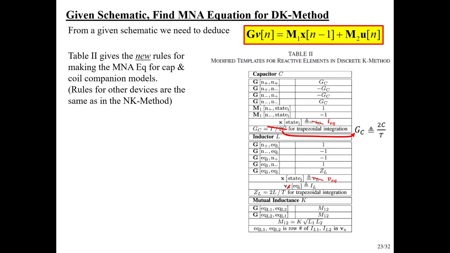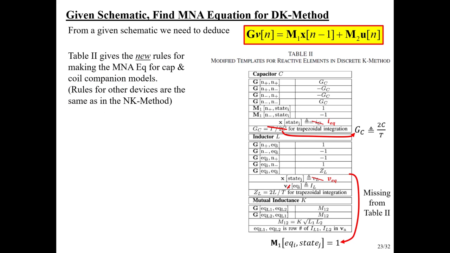There are some details on that maybe in the second part of the paper, but certainly in the dissertation. So table 2 here just gives the new rules. We still have to go back to table 1 to see how to do all the other devices, and we do them the same way as for NK method.